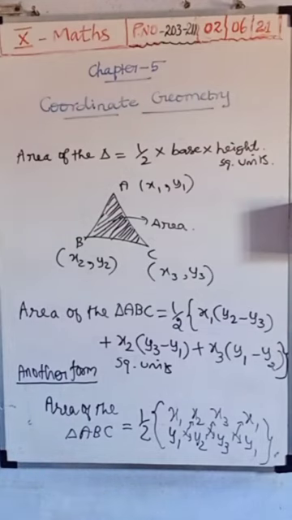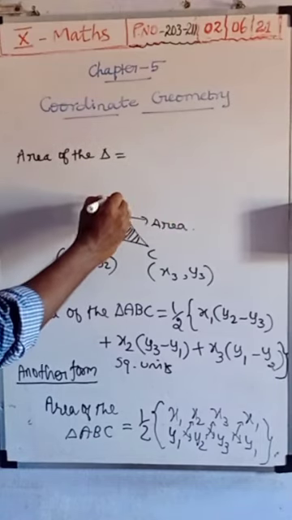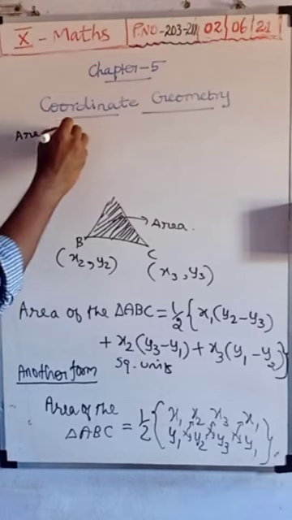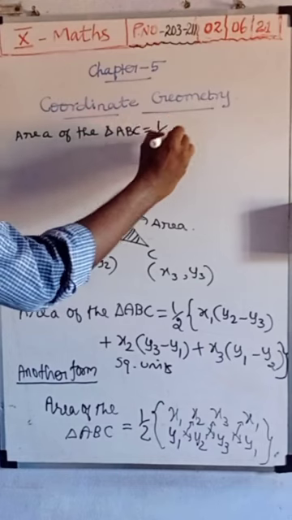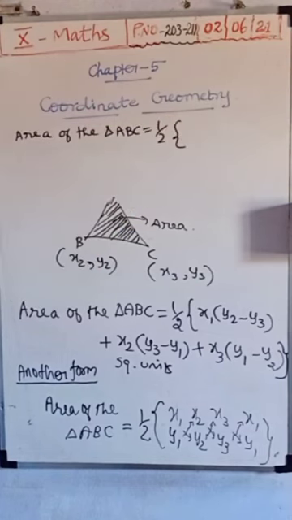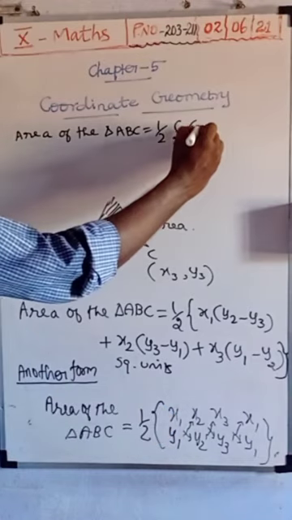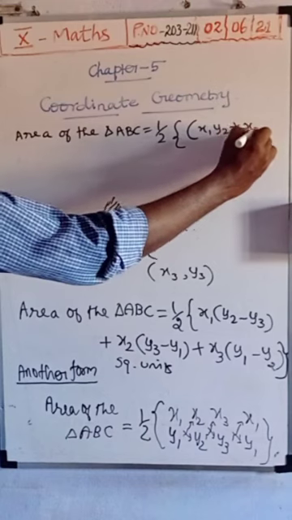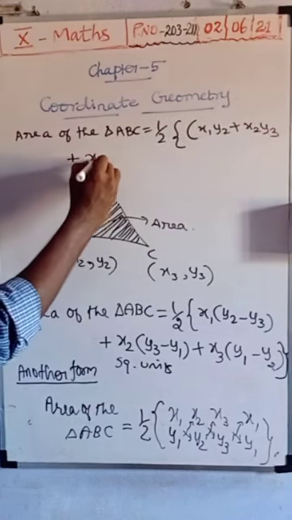Okay, see what is the formula here? Area of the triangle ABC is equal to half of one open bracket, first up to down multiply: x1 y2 plus x2 y3 plus x3 y1.